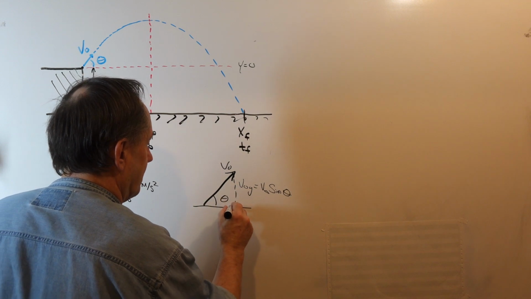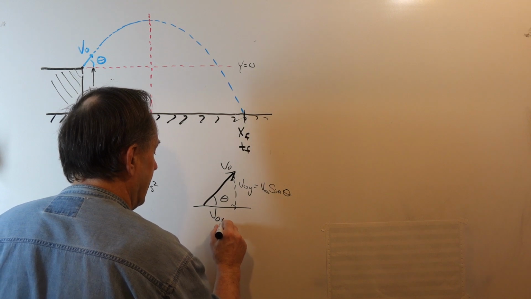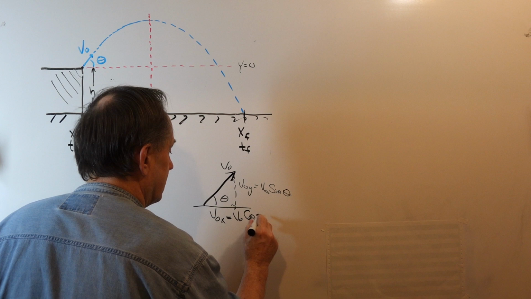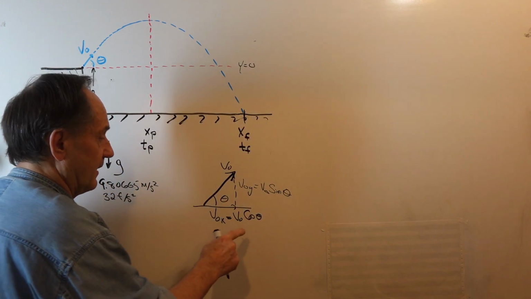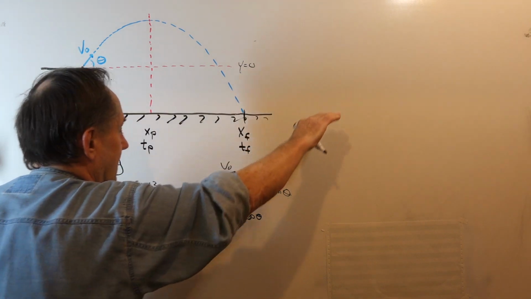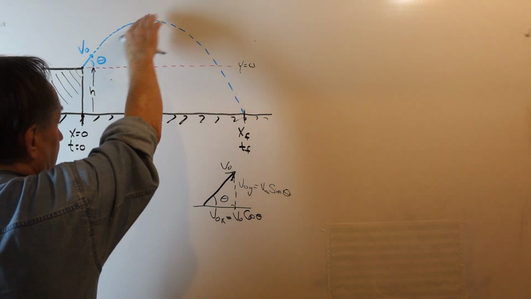And the x component of velocity is v0x, which is v0 times the cosine of theta.